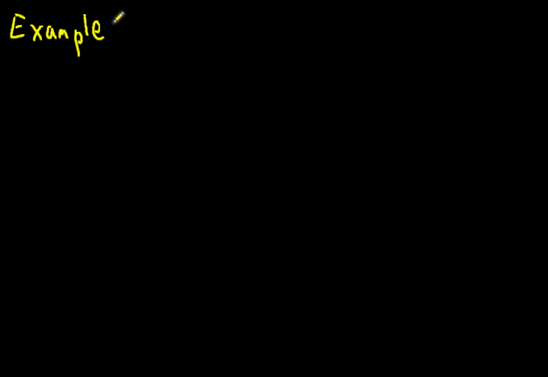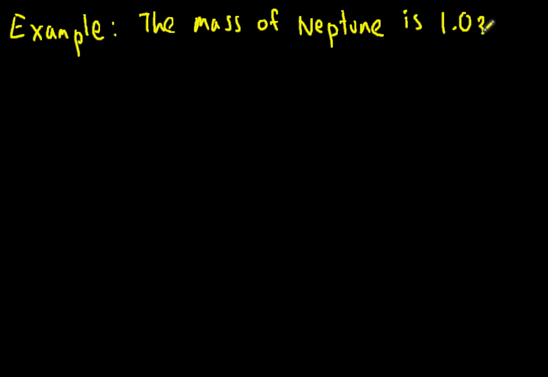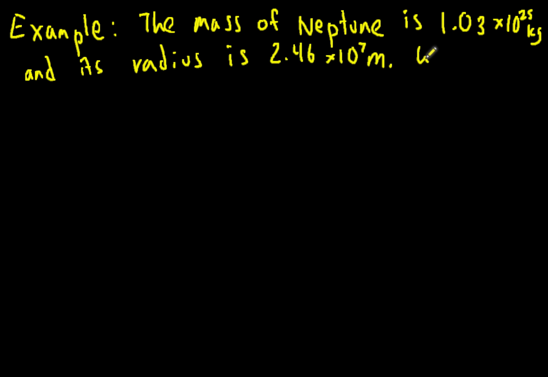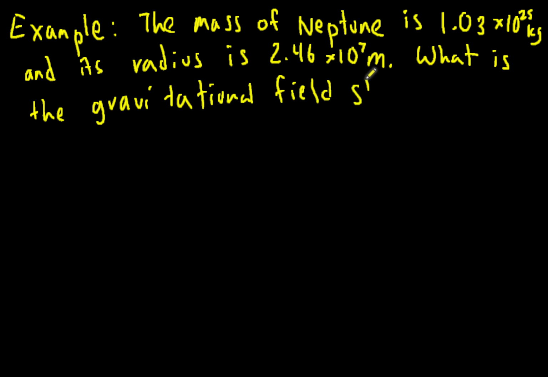For example, the mass of Neptune is 1.03 times 10 to the 25 kilograms, and its radius is 2.46 times 10 to the 7 meters. What is the gravitational field strength on the surface of Neptune?